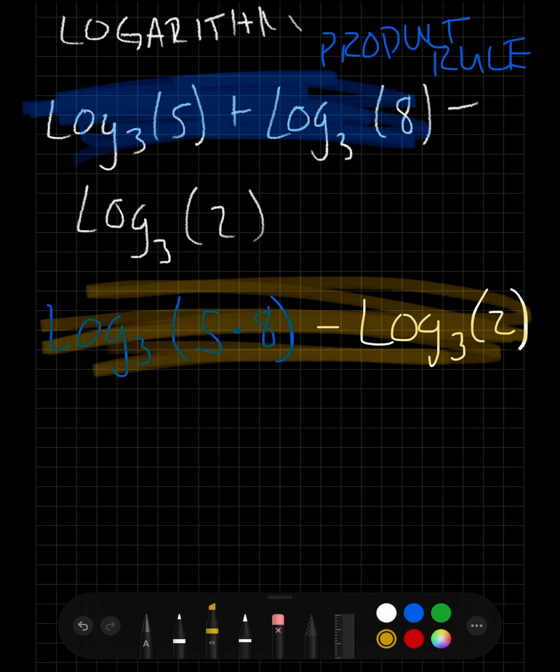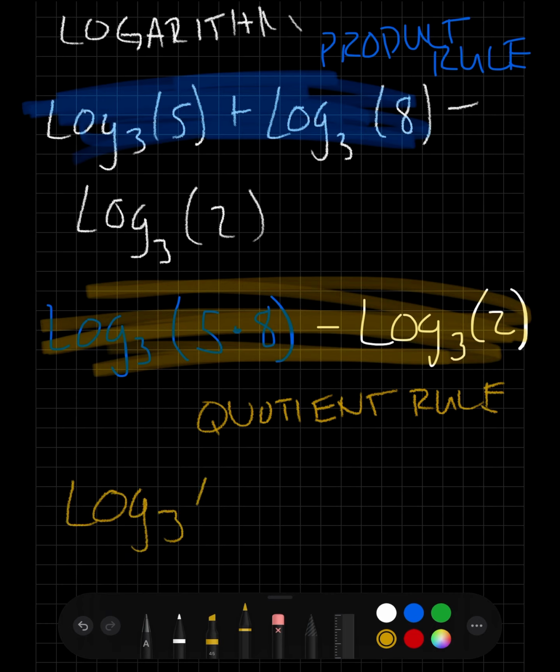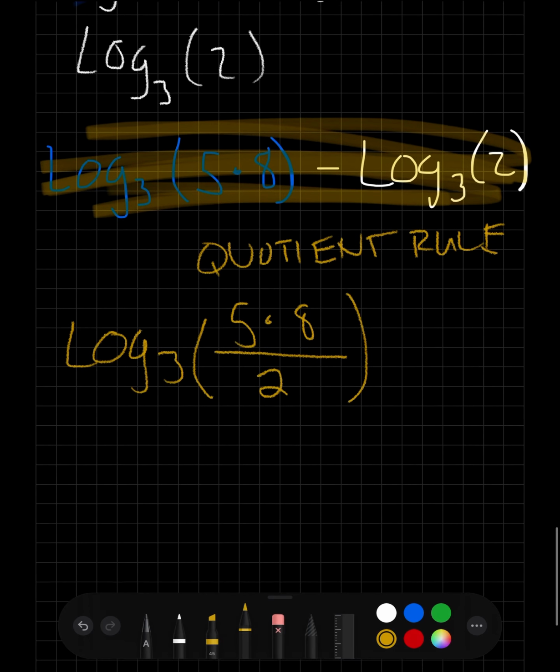These two logarithms are being subtracted. So that's going to tell me that I want to use my quotient rule here. And so I'll end up with log base 3, and in the numerator, I'll have 5 times 8 from the first logarithm, and in the denominator, I'll have 2 from the second logarithm.